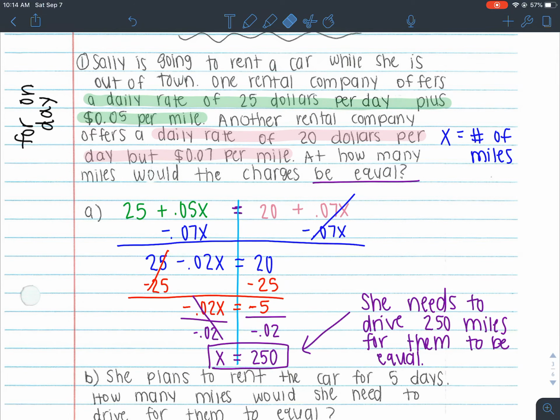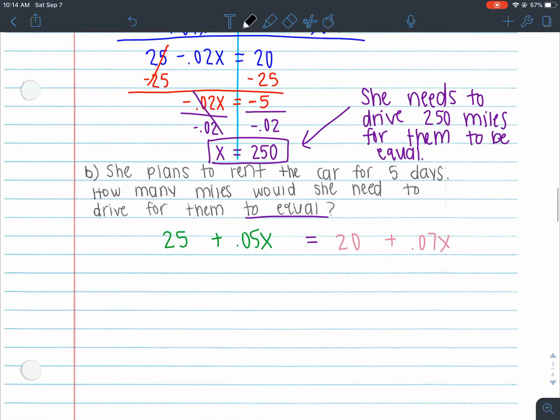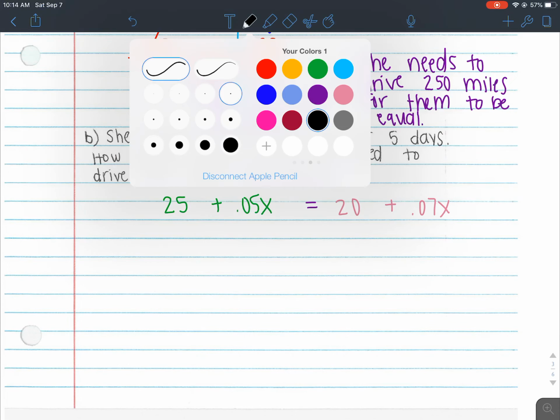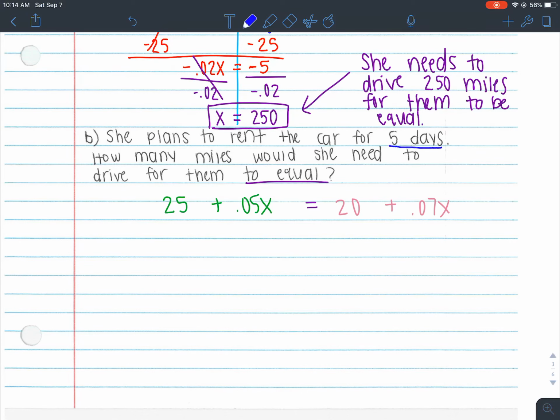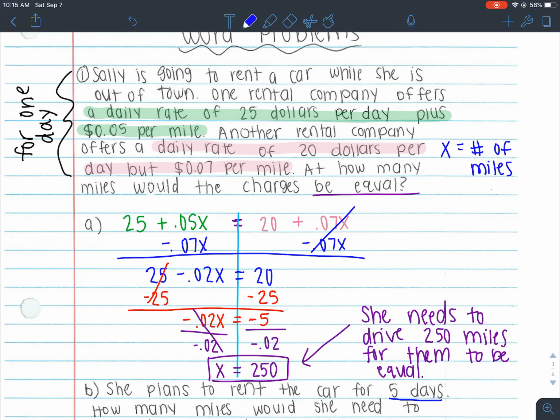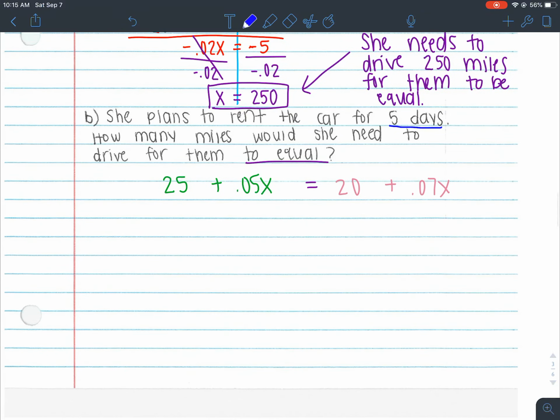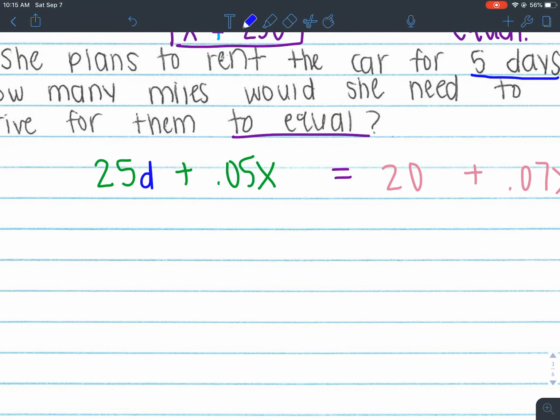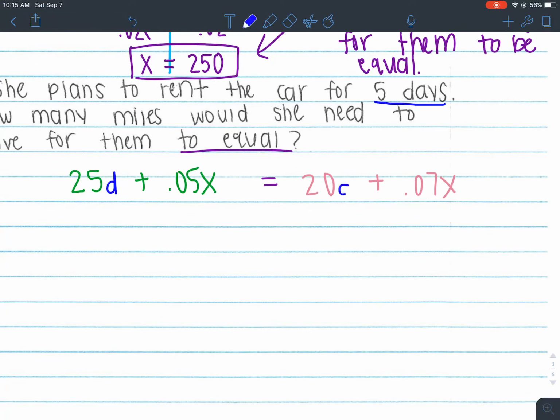So let me make that a little neater, a little bit more legible. This information is just for 1 day. Well, now it wants to know if I have the car for 5 days. So if it's $25 per day, then I need to multiply that by 5. So really I have a D here. So we have an extra variable in our equation.